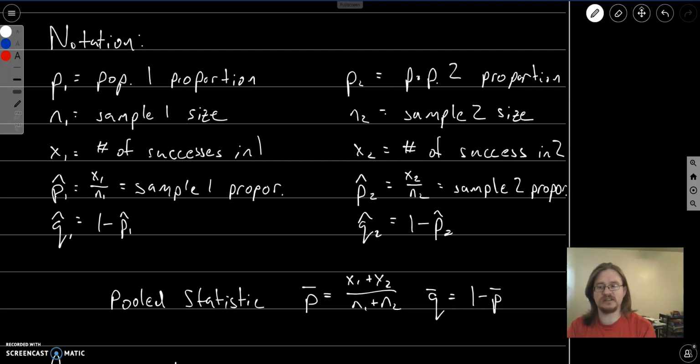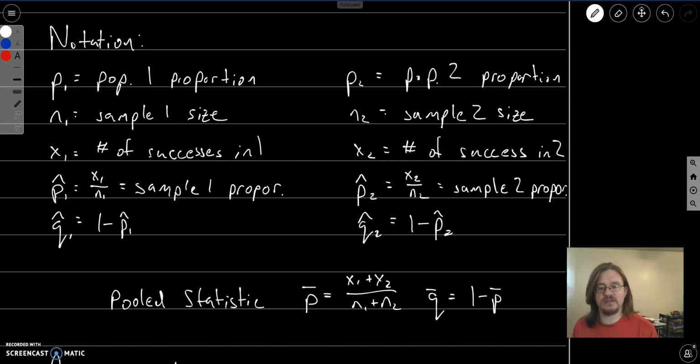So x1 is how many successes we get out of the sample from population 1, and x2 is the number of successes from the sample from population 2. P1 and Q1 are the proportion of successes in population 1 and the proportion of failures. Ultimately, we would suspect that P1 hat should be close to P1, since our samples should be representative of the overall population, but we don't know for sure.